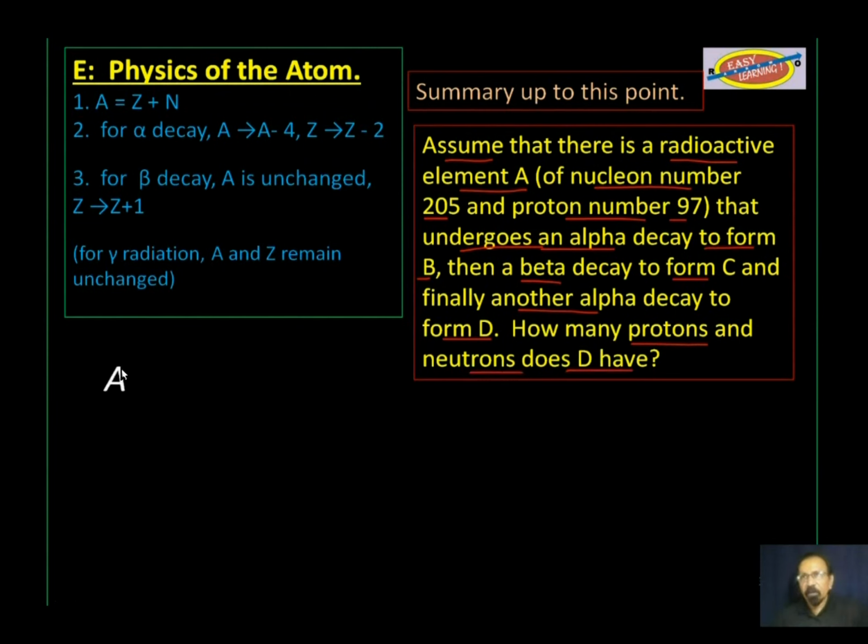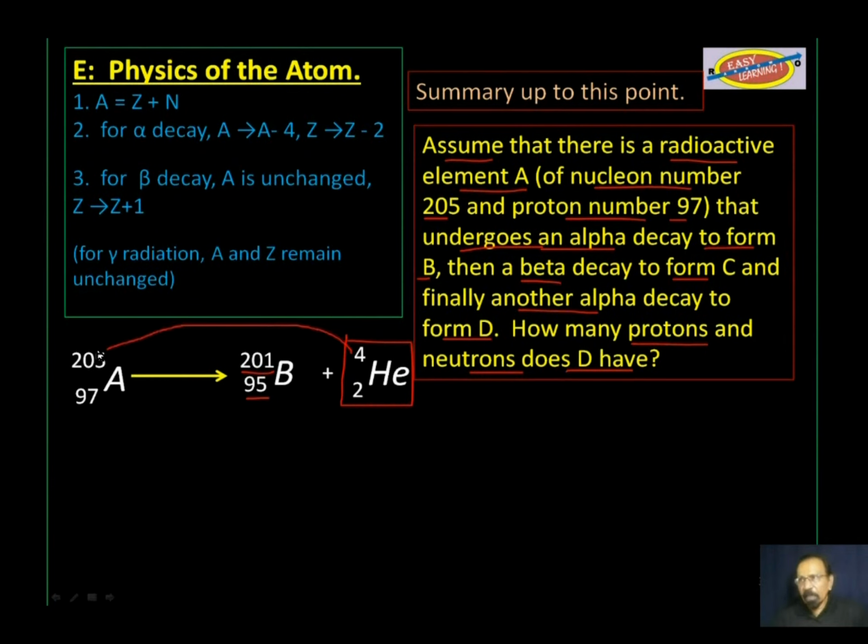Let's begin with A, 205, 97. We have an alpha decay, so we get helium, and we get B. So now B would be 201 and 95. Remember, we subtract 4 from that to get this, and so on.